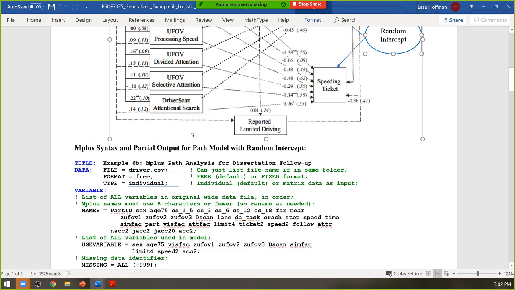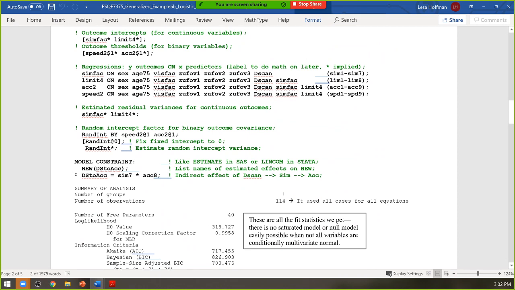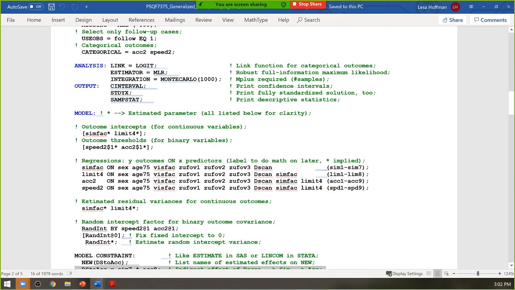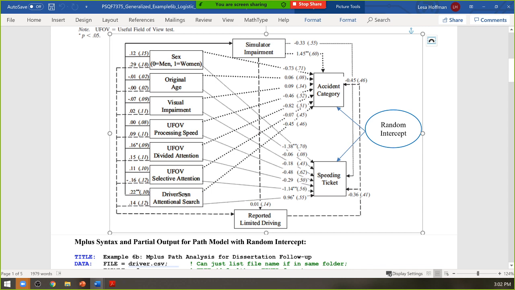The other thing that I added to this that I didn't do in the paper because I didn't care about it was estimating an indirect effect. So I have an indirect effect that goes from this variable right here, driver scan, the thing that I cared about, to simulator impairment to accidents.